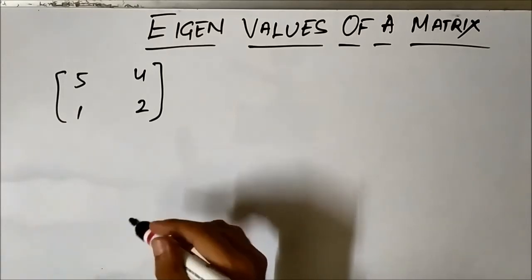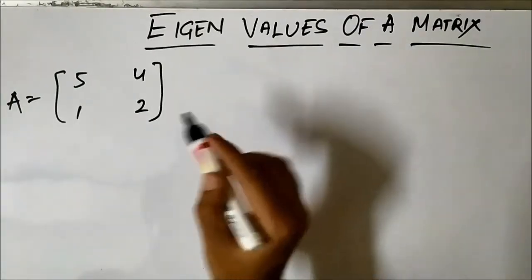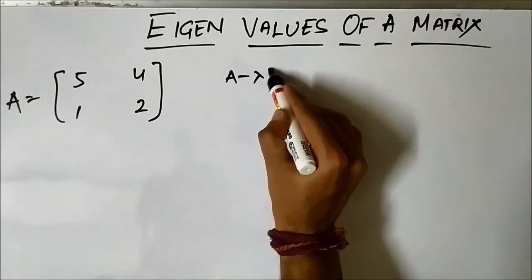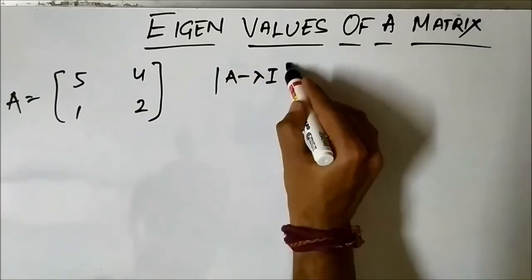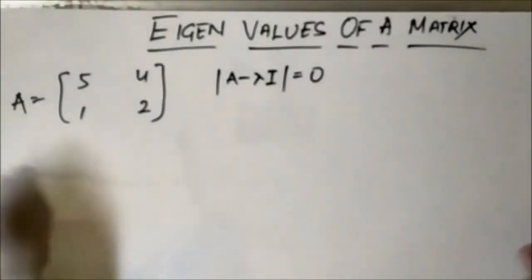Okay. So let us call it A. So the eigenvalues come from the determinant of this matrix. We solve this equation and we will get the eigenvalues.